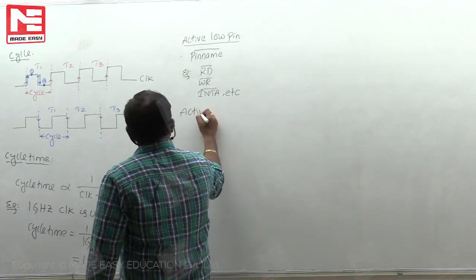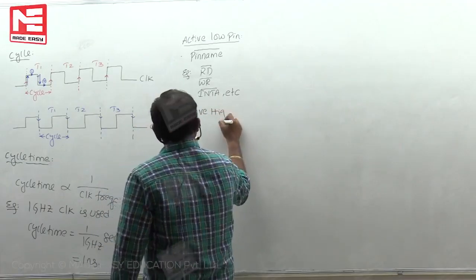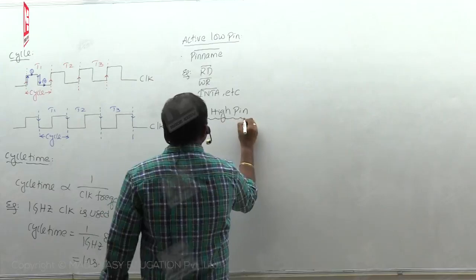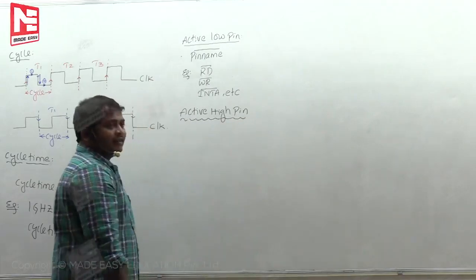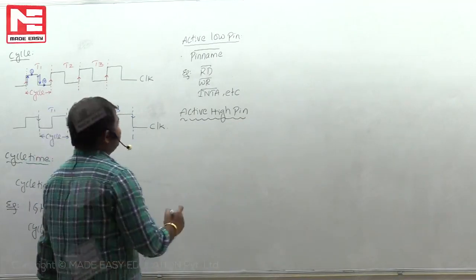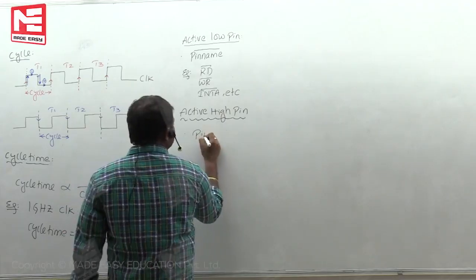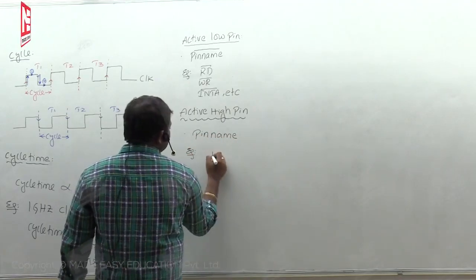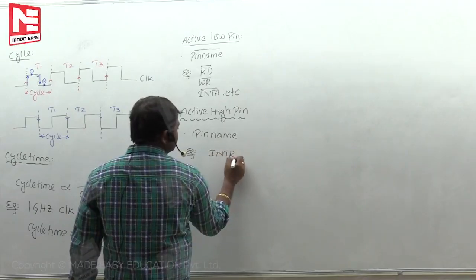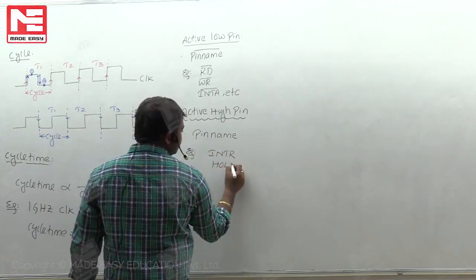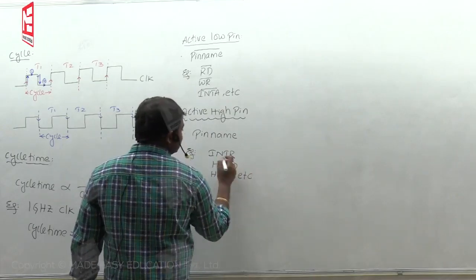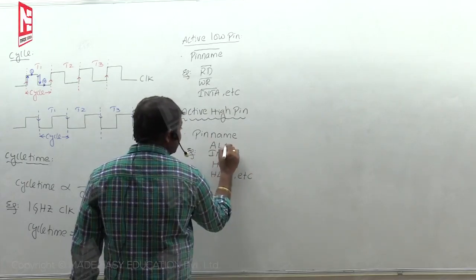Next, active high. Active high pins are enabled when the clock pulse is in the high state, denoted as the pin name. There is no bar. For example, INTR, HOLD, HLDA, etc. ALE, address latch enable.